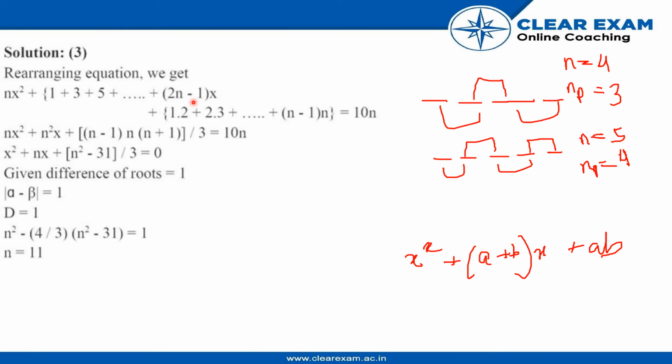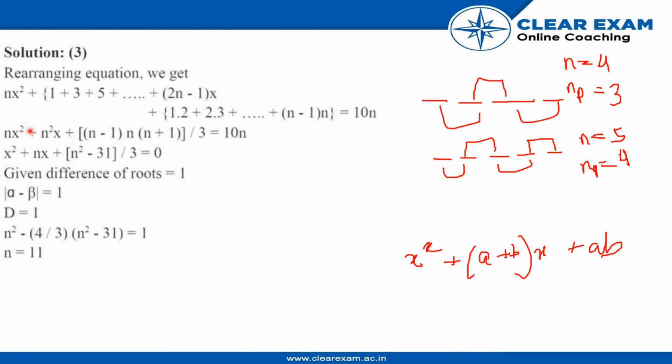Further simplifying this, we know the sum of first such a series is n minus 1 into n plus 1 divided by 3. And the sum of first n odd numbers is n square. What we do is divide by n on both sides.